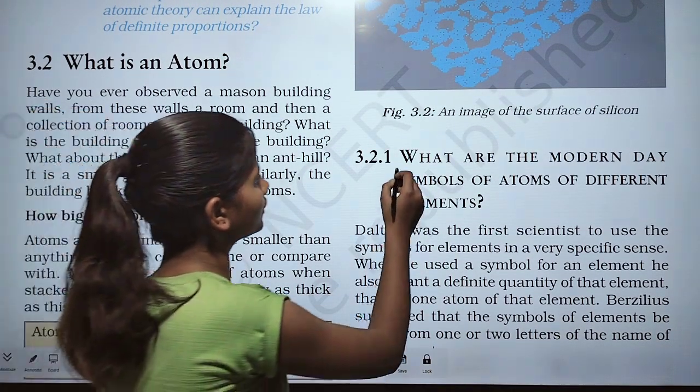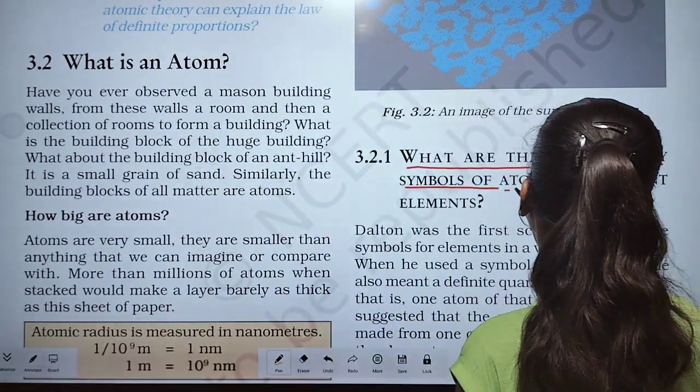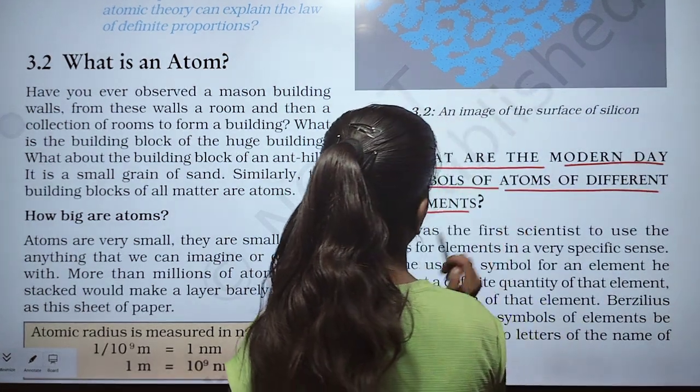And now, what are the modern day symbols of atoms of different elements?